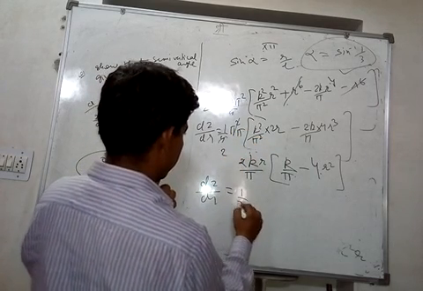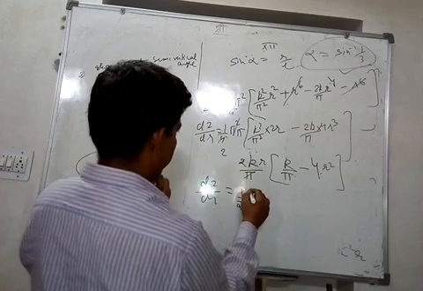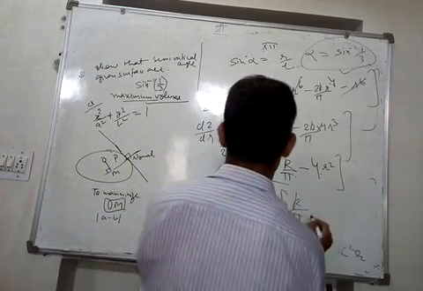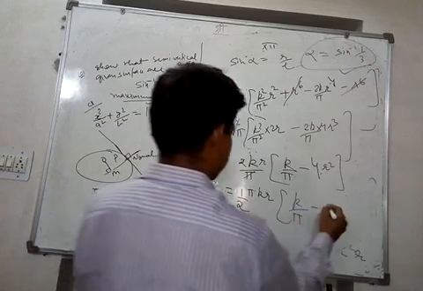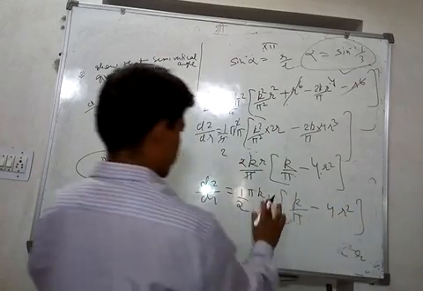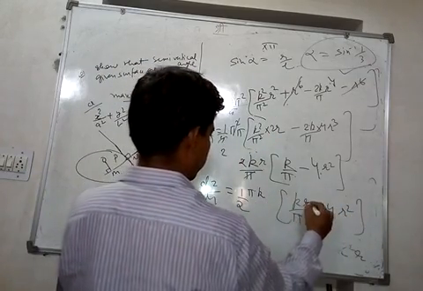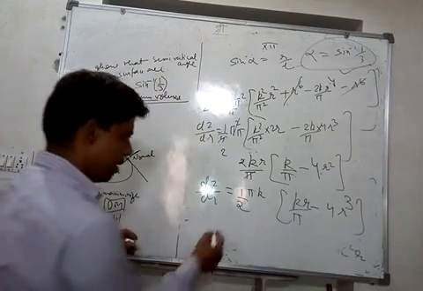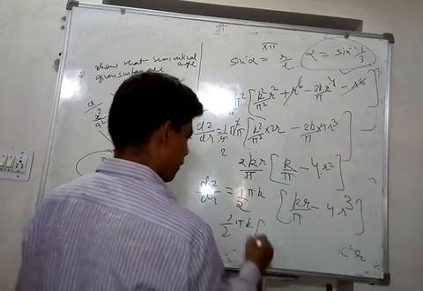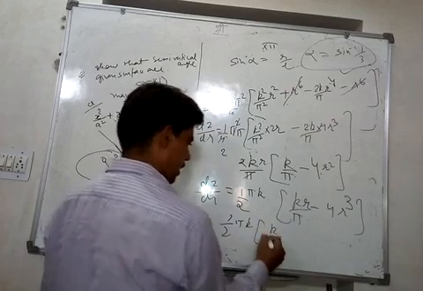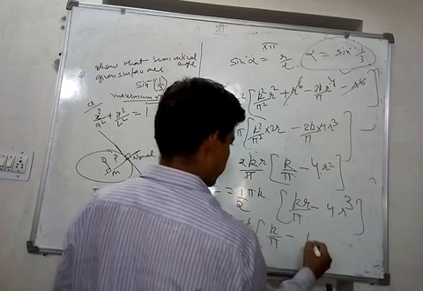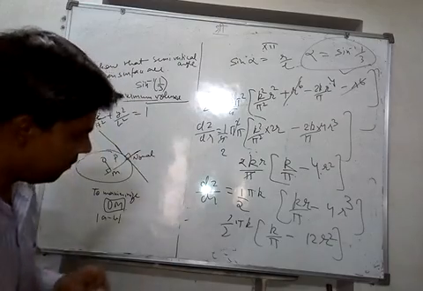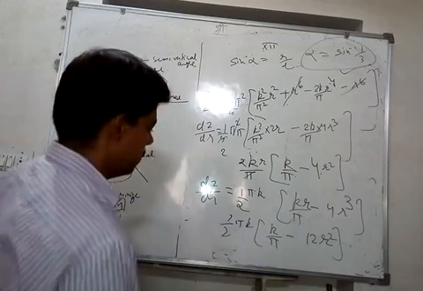So 1 upon 2, pi k r upon pi, and minus 4r square. So this r we can again take inside. Now differentiate it one more time, you will get half pi k, and the derivative, this is k upon pi minus 12r square.